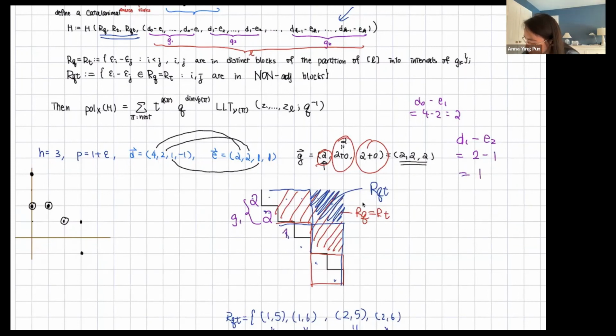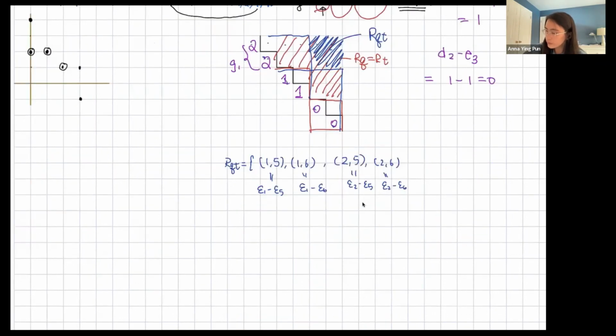That's why I have 2 1's here. And then D2 minus E3 is 1 minus 1, which is 0, so you have 0, 0. Okay, so this guy is our cat.